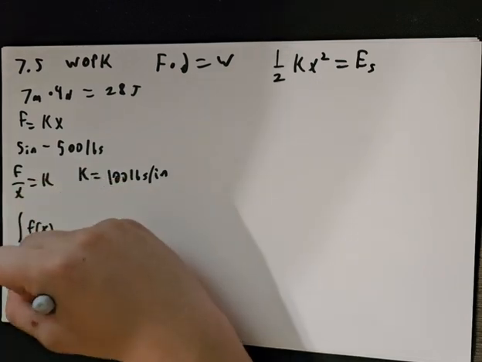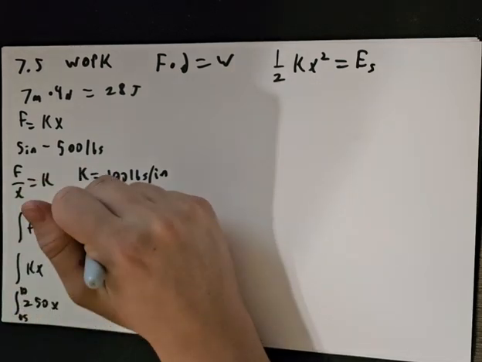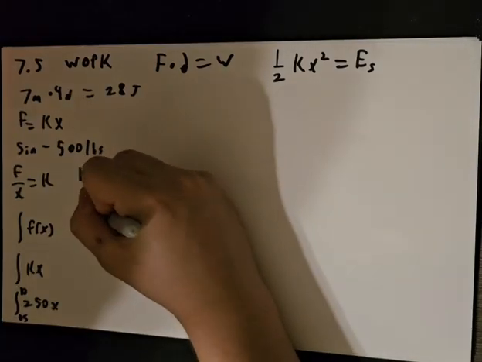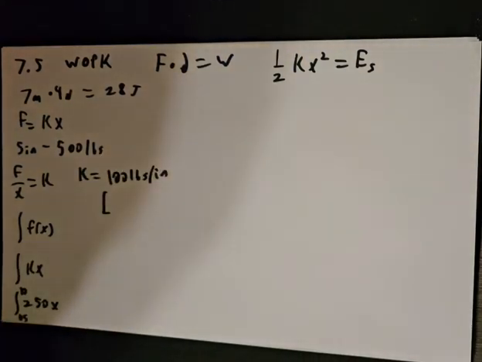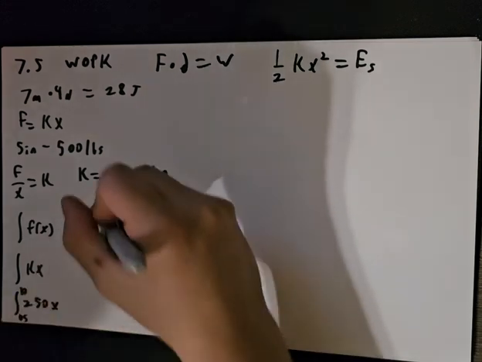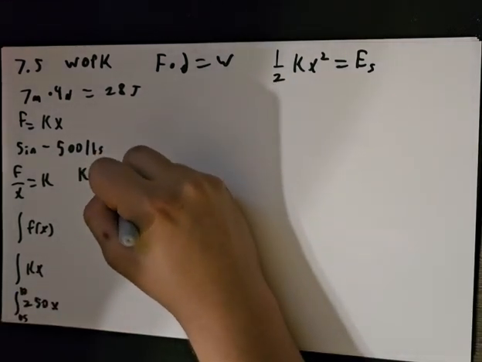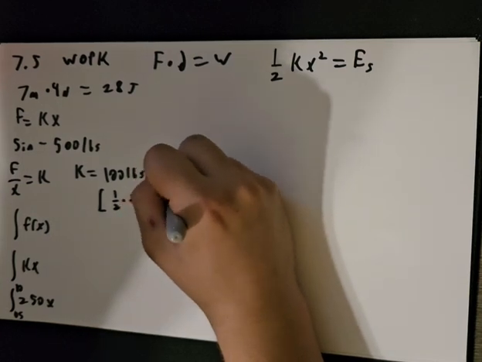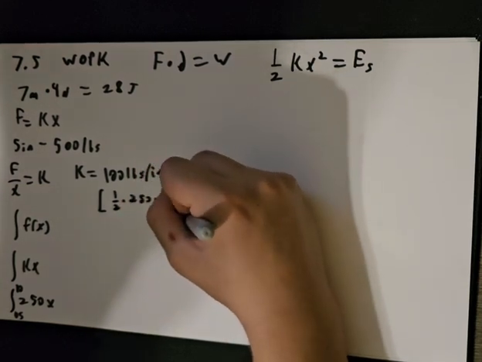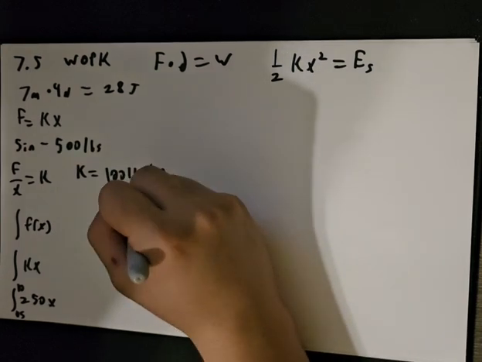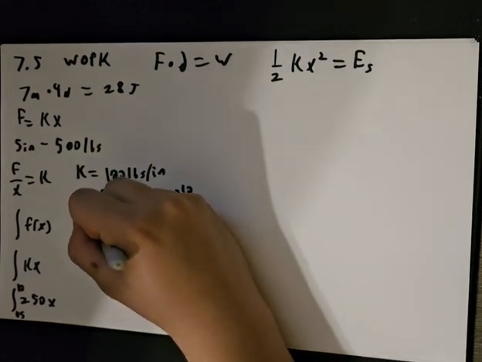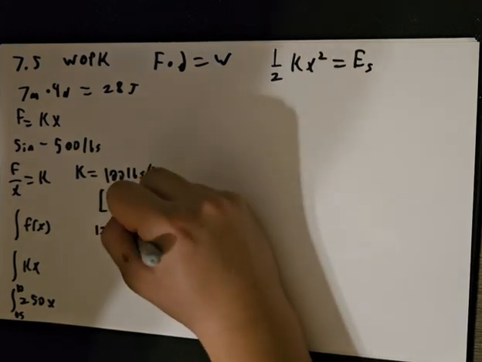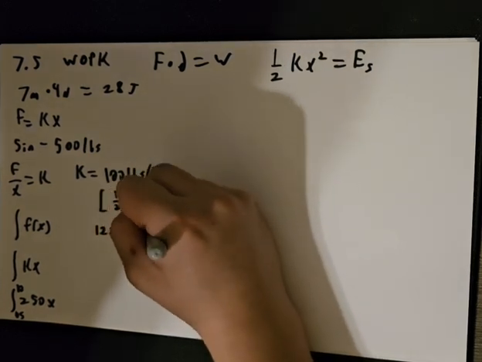Now, when we integrate this, the 250 becomes 1/2 times 250 times x squared, evaluated from 5 to 10. That's going to be 125 times x squared, evaluated at 5 and 10.